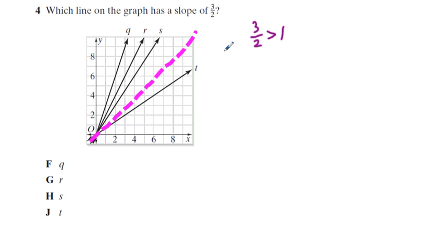Okay, perfect. So this will be m equals 1. And so we know that the answer can't be T, because that's less than 1, so we cross off answer choice J.